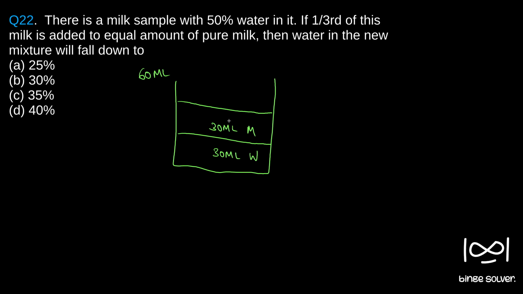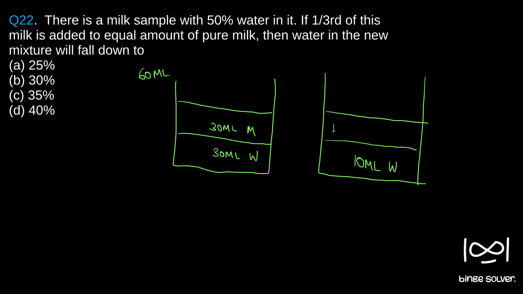So 1/3 of this sample is added to an equal amount of pure milk. We'll take another bowl and 1/3 of this sample, what does that mean? We'll have 10 ml water and 10 ml milk, right? So total 20 ml we have.